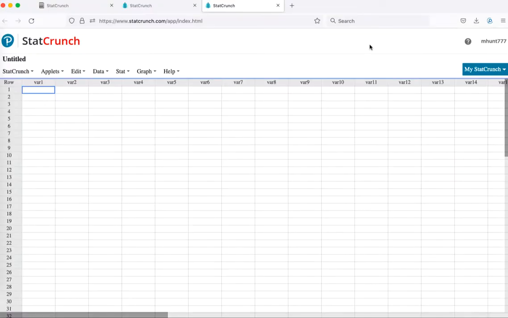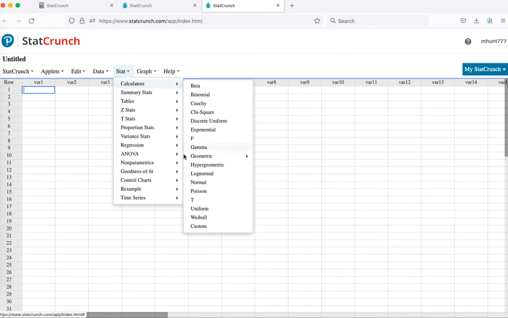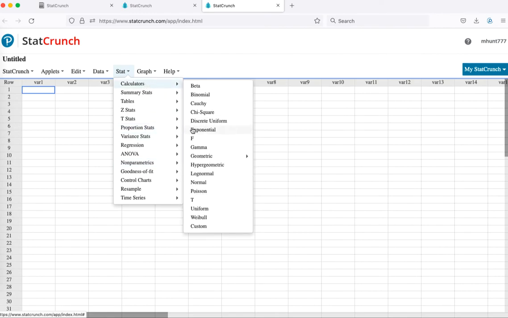We're going to handle all of these questions using the normal calculator on StatCrunch. So we're going to go under Stat, Calculators, Normal.